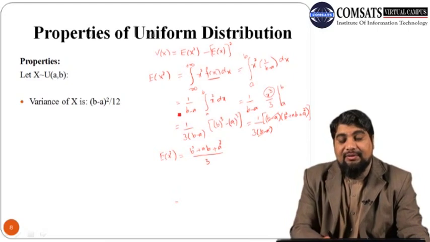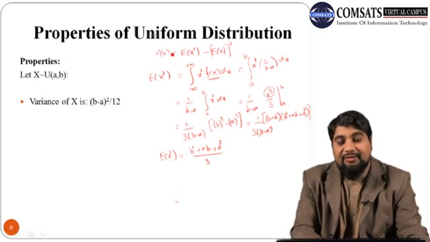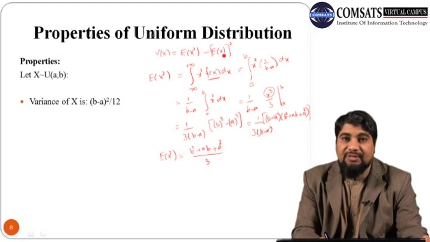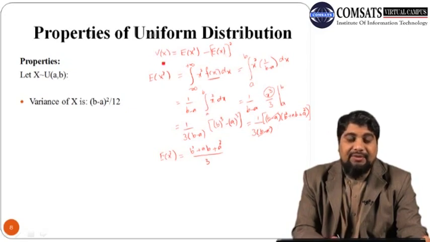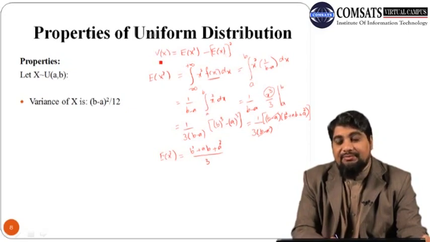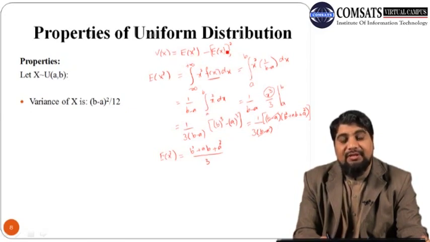Now we have calculated the expected value of X square, and we have the expected value of X already calculated, which is (a plus b) by 2. So we can use the formula of variance, V(X) equal to E(X square) minus E(X) whole square, to calculate the variance of X.